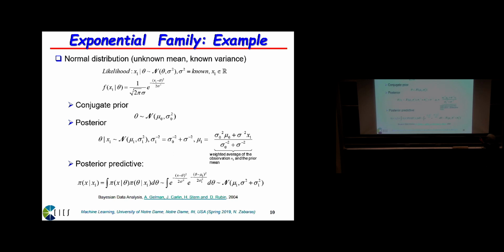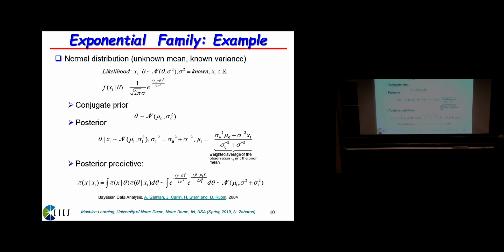So if you collect the data x1 and you say, what's the probability that I would see on my next experiment x? It comes out that the distribution is also Gaussian with mean, the posterior mean, and variance, the noise variance sigma squared plus the variance of the posterior that you see here.